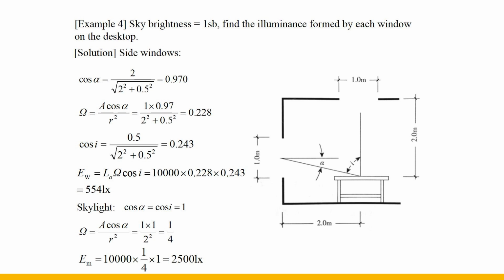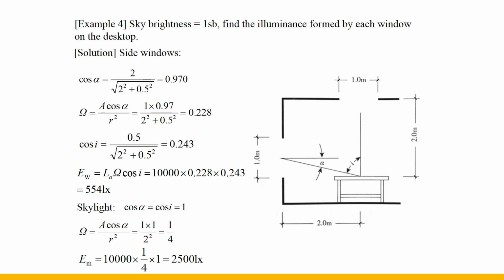Calculate the side window first, and use the Pythagorean theorem to calculate cosine alpha. Calculate omega and cosine I respectively, and substitute the results into the relationship between illuminance and brightness, and find that E is equal to 554 lux.